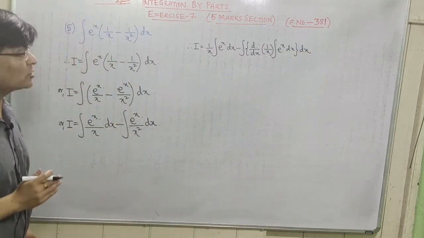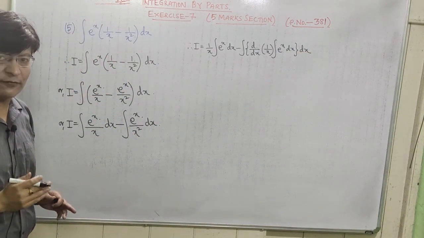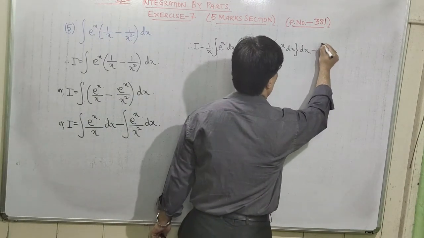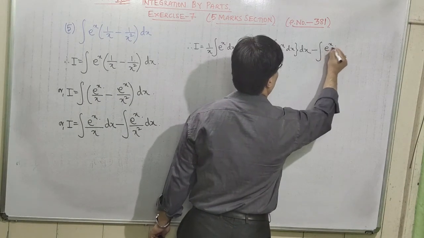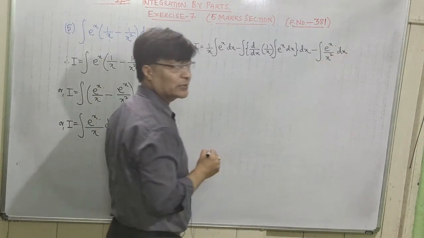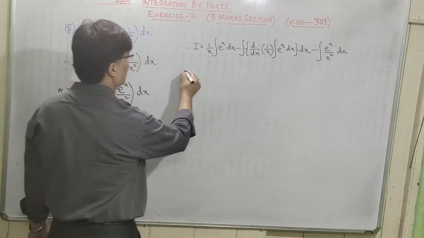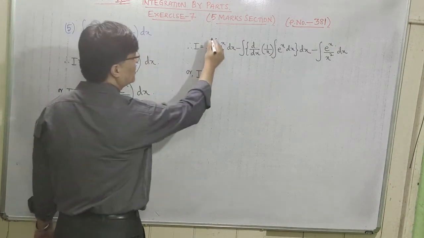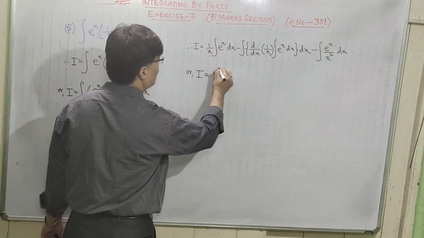So now we have used integration by parts for the first function. Okay, now keep the second term as it is, minus integration of e to the power x divided by x square dx, right? So now I is equal to, first you integrate, what is the integral of e to the power x?